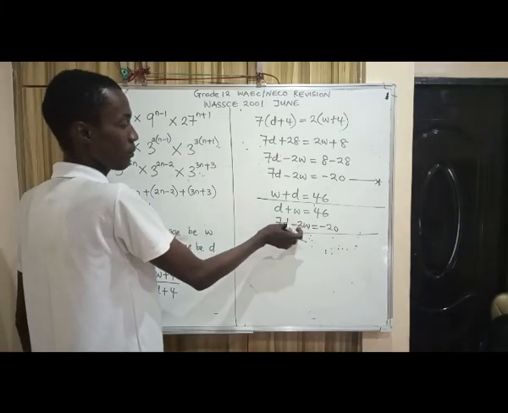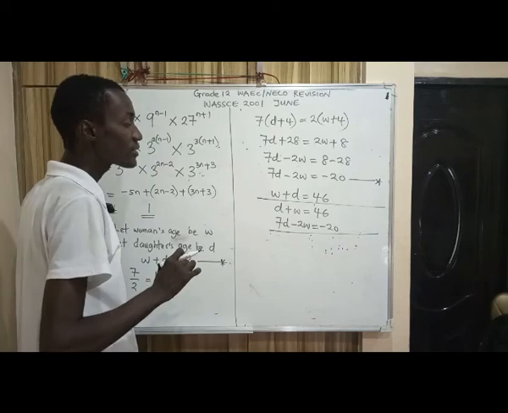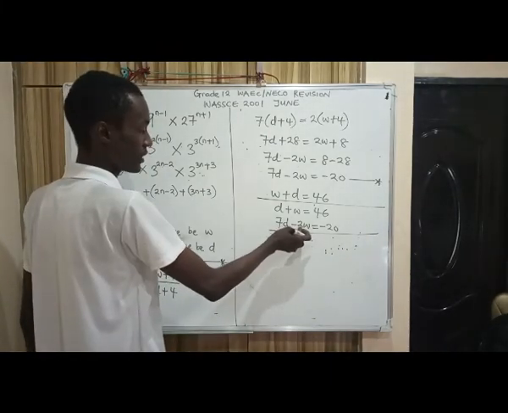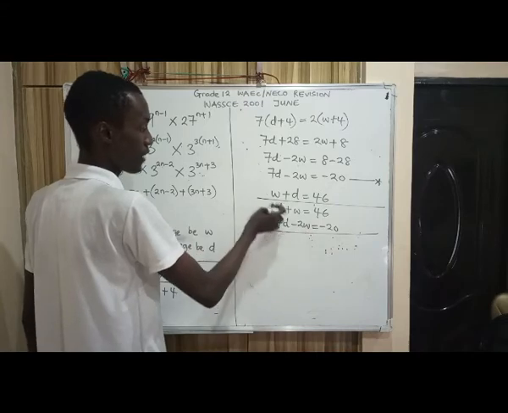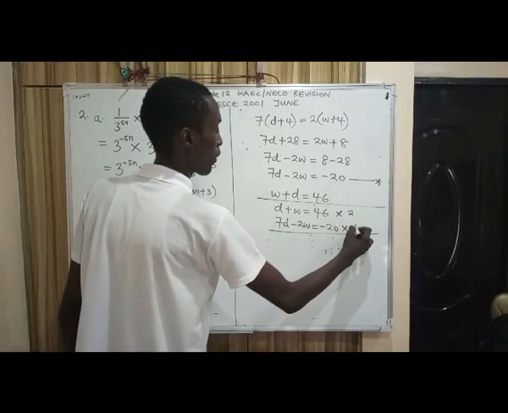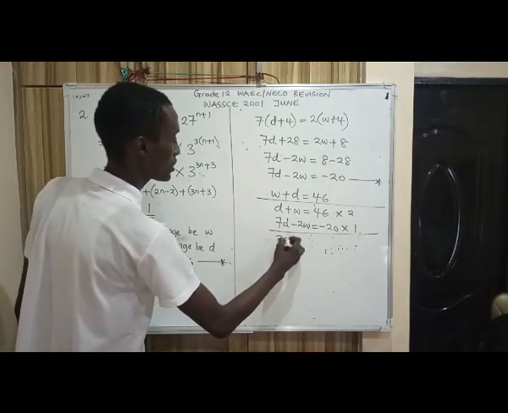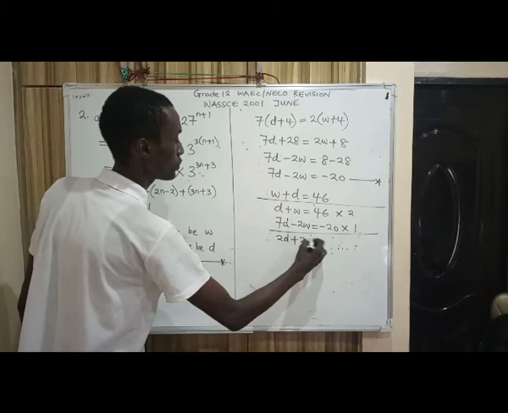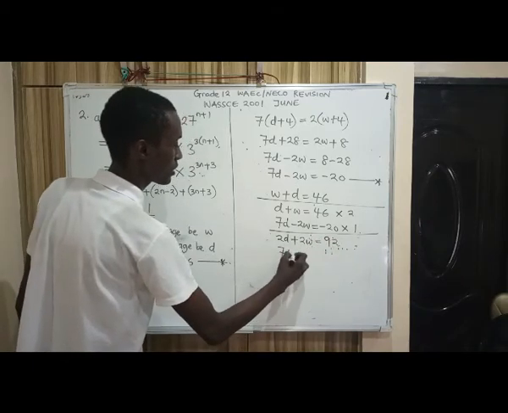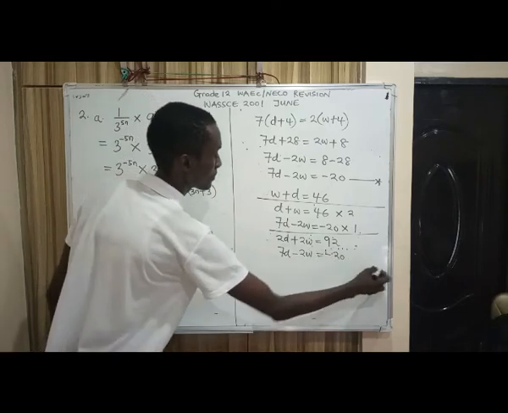The rule says eliminate the one with the lowest LCM. I have 2 and I have 7 here, so I'll multiply this by 2 and this by 1. So I'm going to have a new set of equations: 2d plus 2w equal to 92, and 7d minus 2w equal to negative 20.